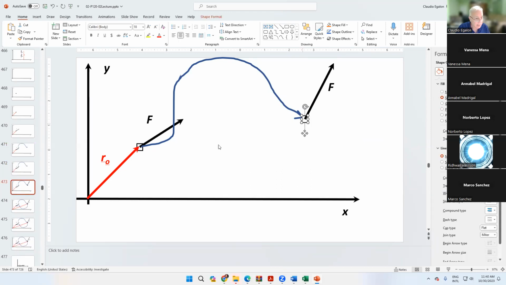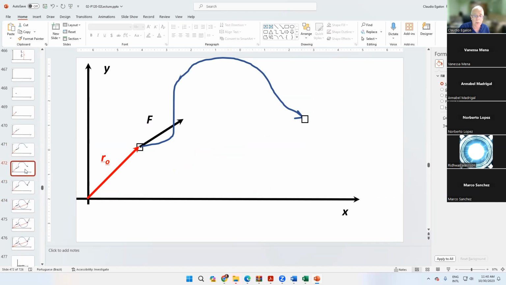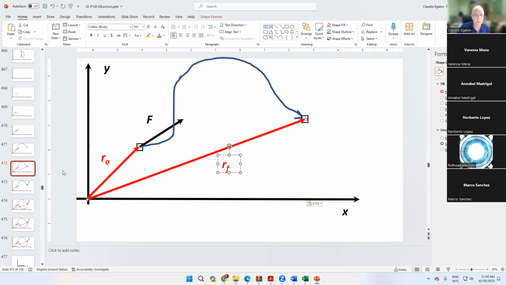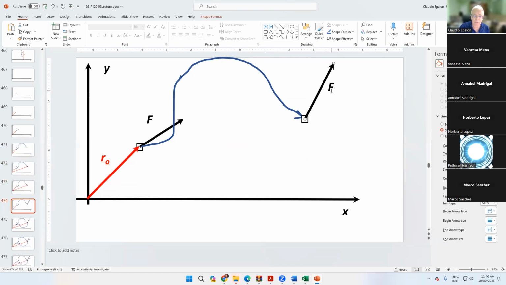Something else is missing here, and this something else is the final position vector. And we have this force here at the end.